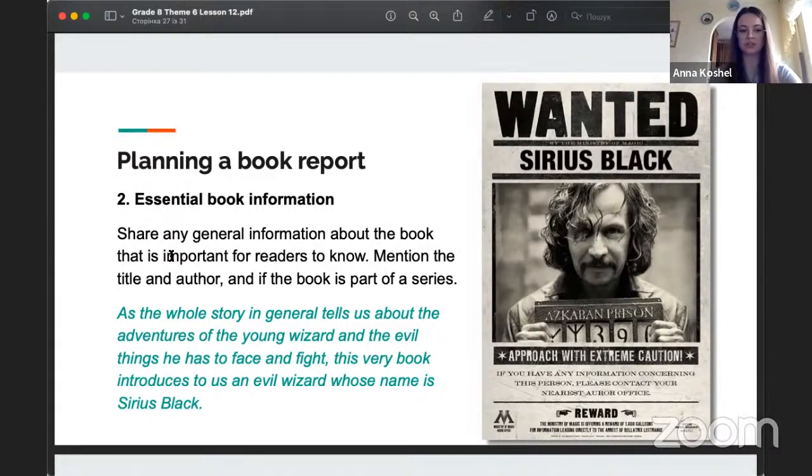В наступній частинці нашого рев'ю пишемо про те, хто у нас автор, яка назва книги, чи є ця книга частиною серії книг. For example, as the whole story in general tells us about the adventures of the young wizard and the evil things he has to face and fight, this very book introduces to us an evil wizard whose name is Sirius Black.